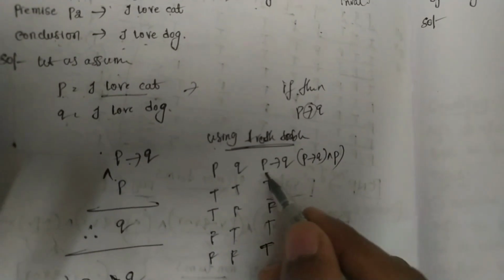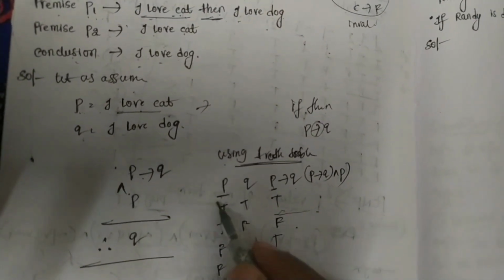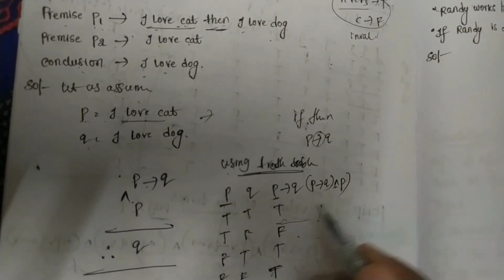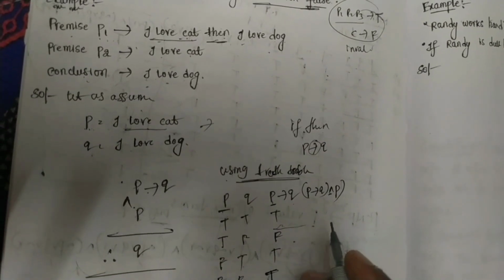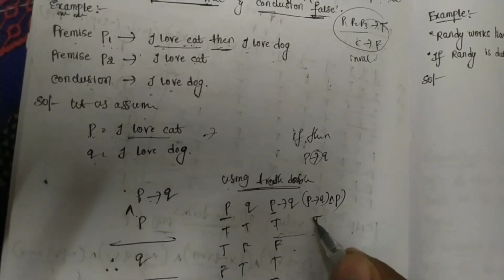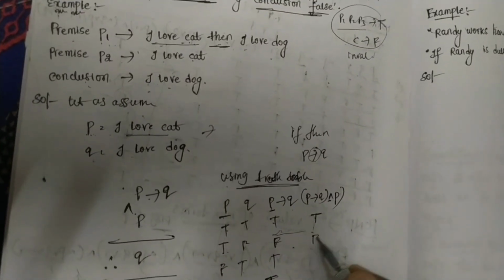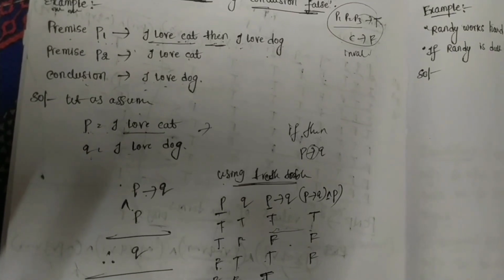Here are the values of P implies Q and the values of P. In between we place AND, and if both are true, then only the whole statement is true. We have learned that. So true and true is true. False and true means false. True and false means false, and false and false means false.